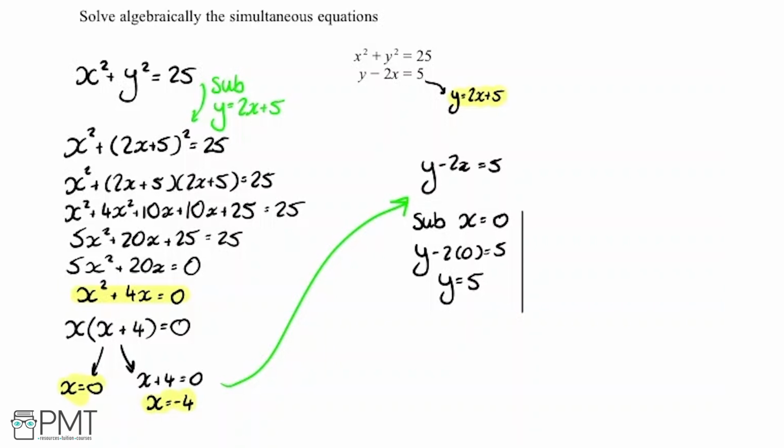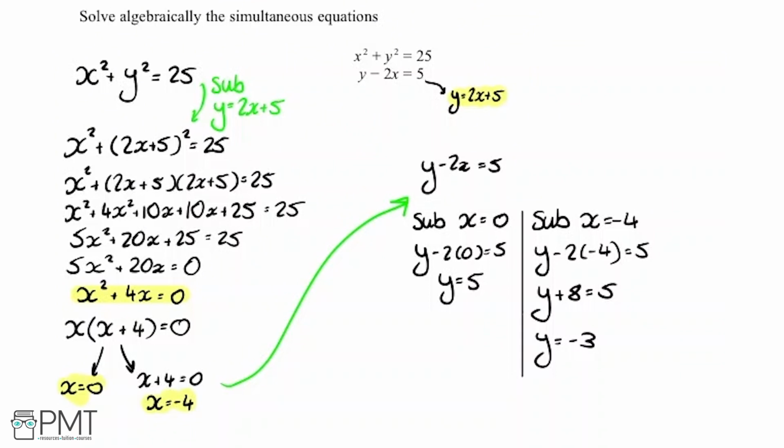And now our second one here, we're going to sub the other value for x. So when x equals minus 4, we get y minus 2 multiplied by minus 4 equals 5. Okay, so minus 2 multiplied by minus 4 is 8, equals 5, sorry. So then y equals 5 minus 8, which is minus 3.